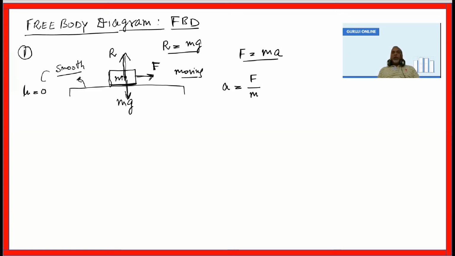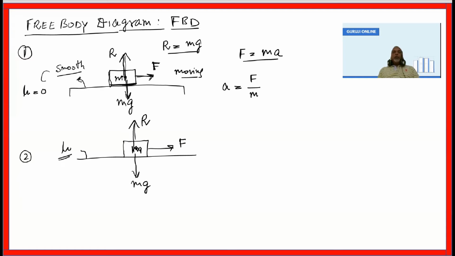Now let us take the second example. This body is moving, this force is acting. Again, similar forces you can mark. But this is not a smooth surface, means it is a frictional surface and the coefficient of friction is mu.